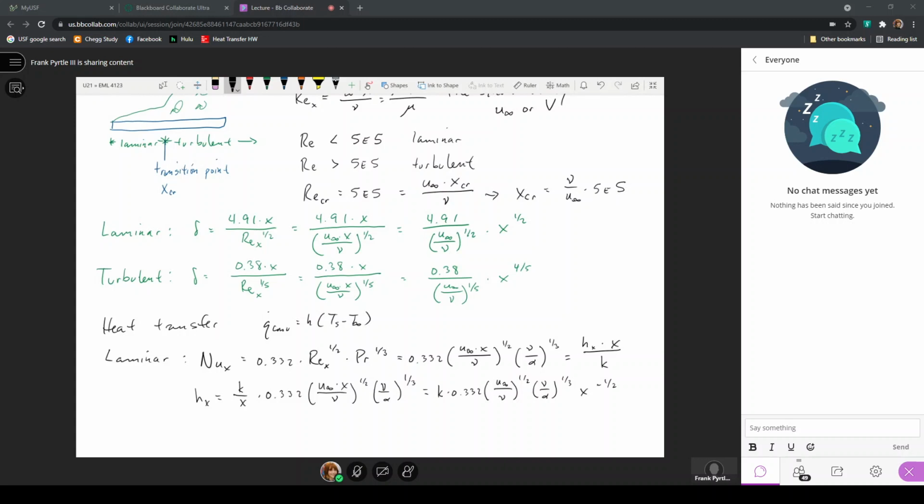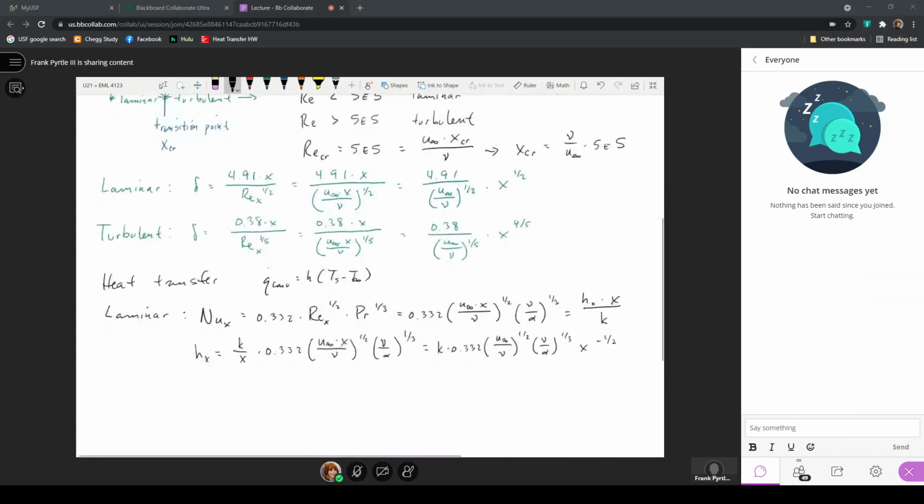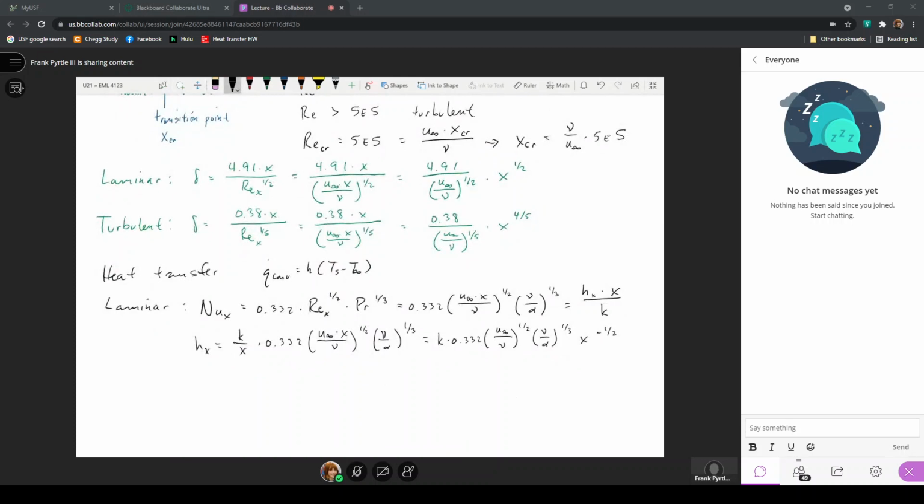So at this very leading edge, at x equals 0, we would consider that the heat transfer coefficient is an infinite value, but it decreases very quickly as we start to substitute in positions in x that are greater than 0.